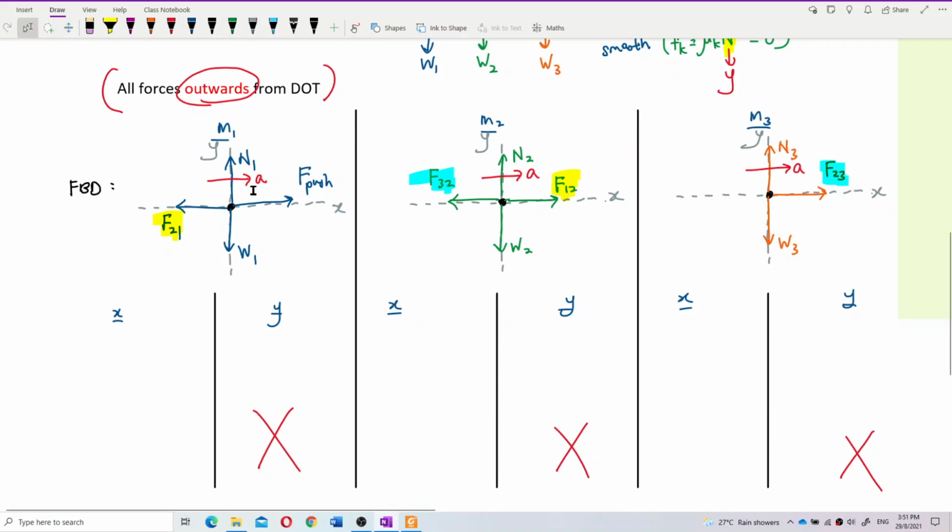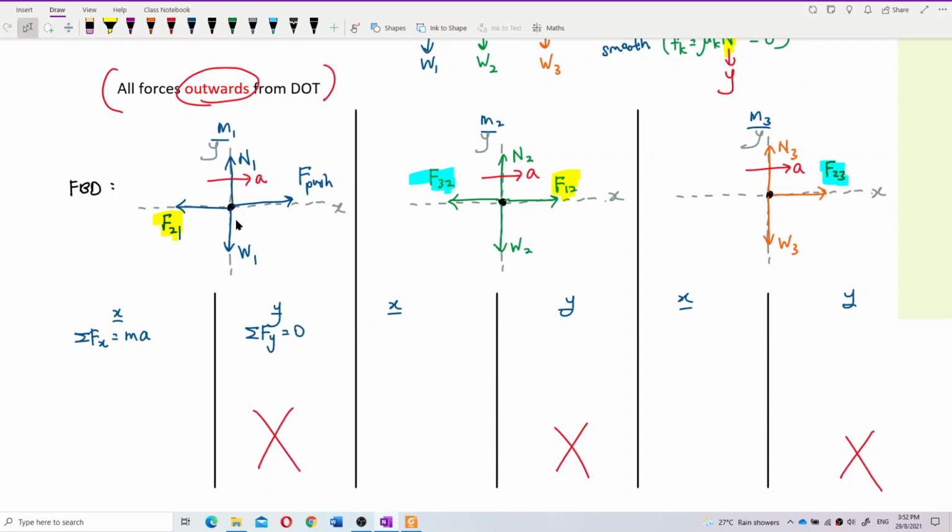The x component has acceleration, so total Fx is equal to ma, because there is acceleration. But for the y component, there is no acceleration, so total Fy is 0.